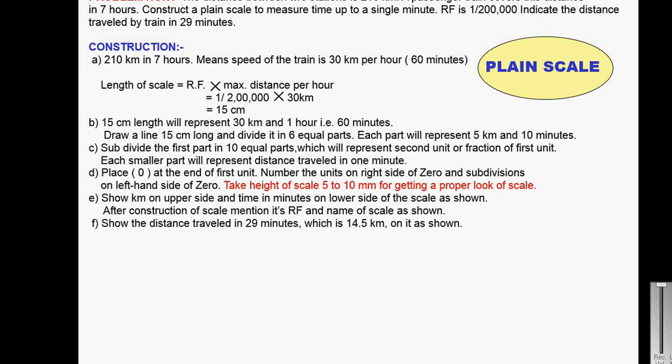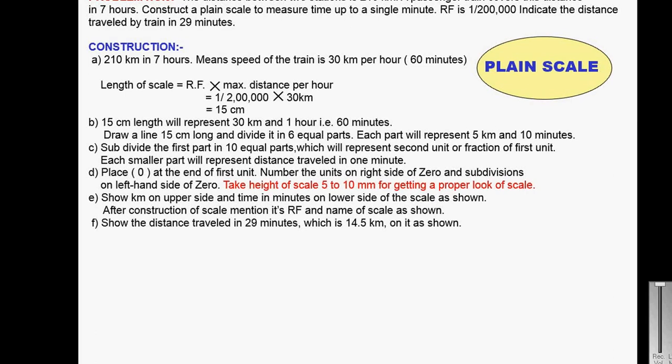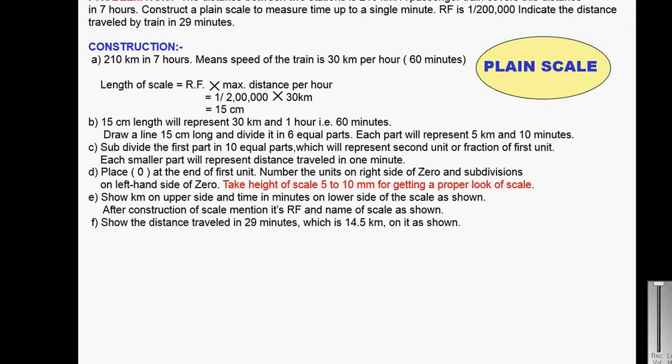So mean speed of the train is 30 kilometer per hour, which means the train covers 30 kilometer within 60 minutes. So length of the scale is equal to RF into maximum distance per hour. So 1 by 2 lakh into 30 kilometer, per hour the train covers 30 kilometer, you will get 15 centimeter.